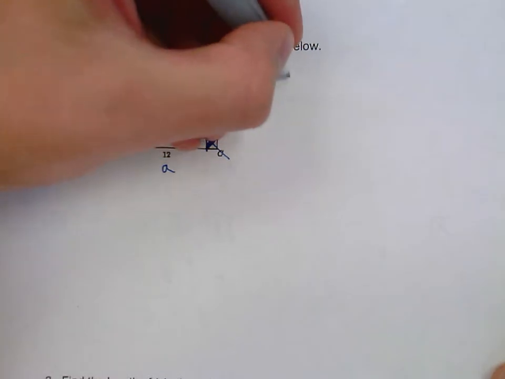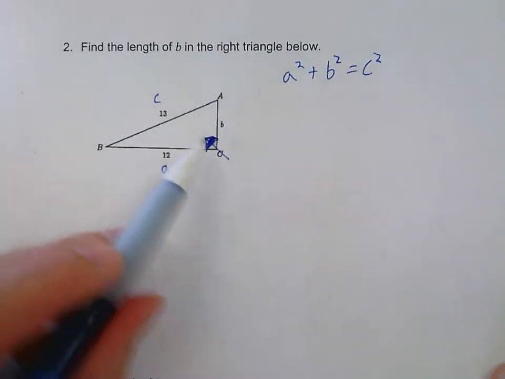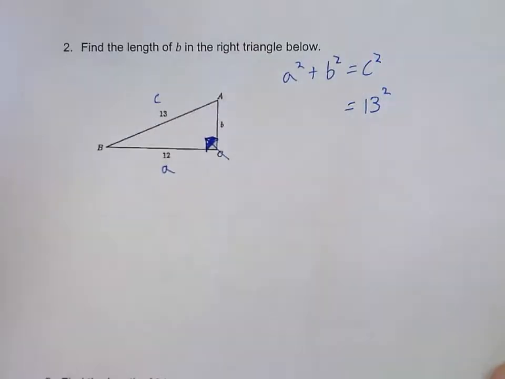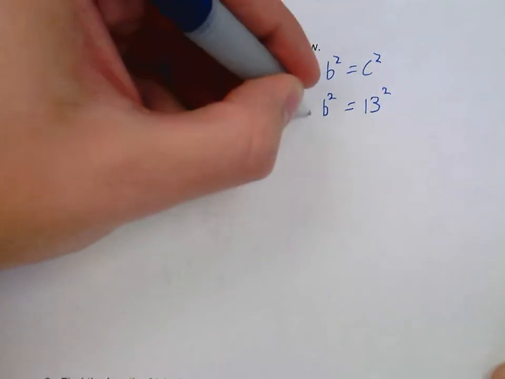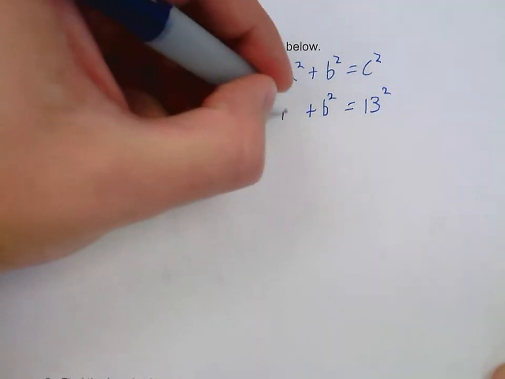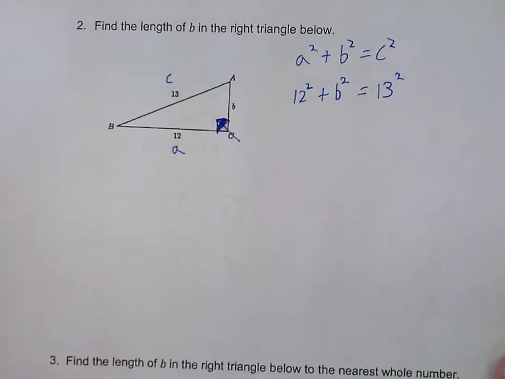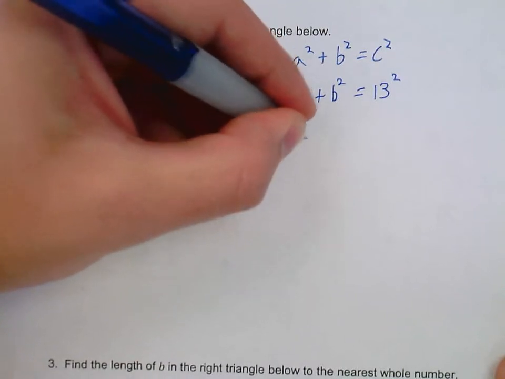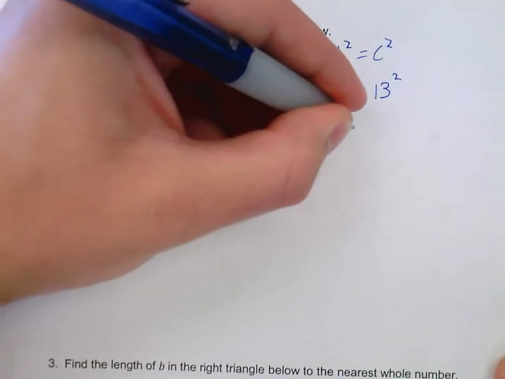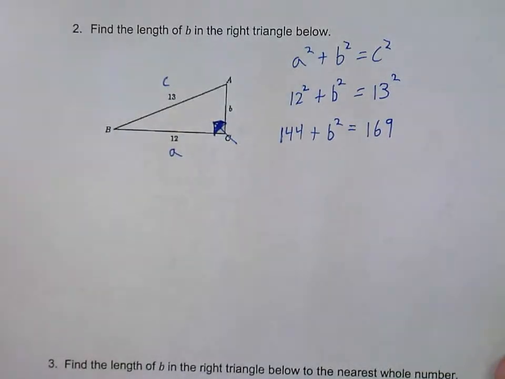So then A squared plus B squared equals C squared. Fine. C squared is 13 squared is equal to, don't know what B squared is yet, plus 12 squared. 12 squared, 144, plus B squared is equal to 169.